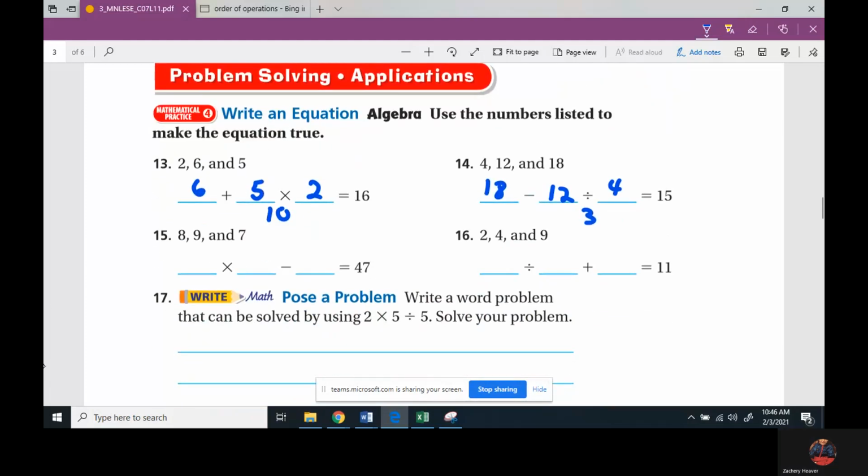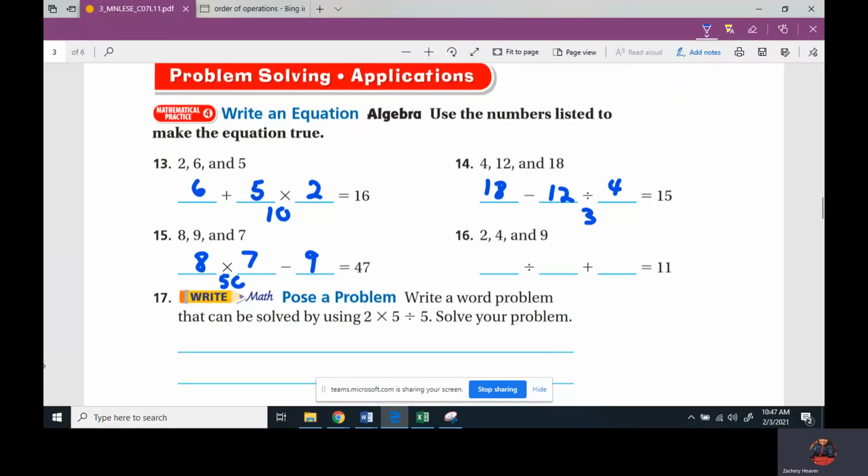Next one. We have multiplication, because that's first, then subtraction second. So we have to make 47. So I already know that 8 times 7 is 56. And 56 minus 9 is going to be 49.